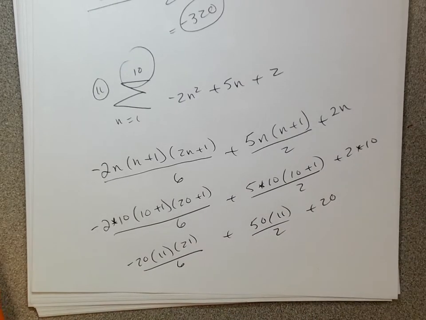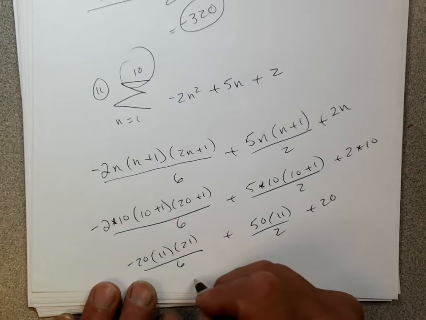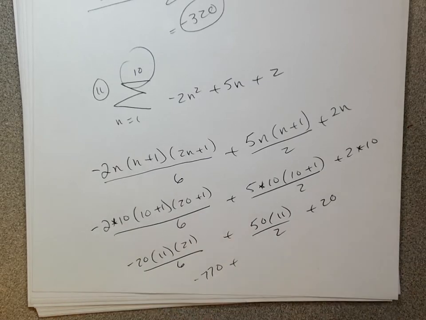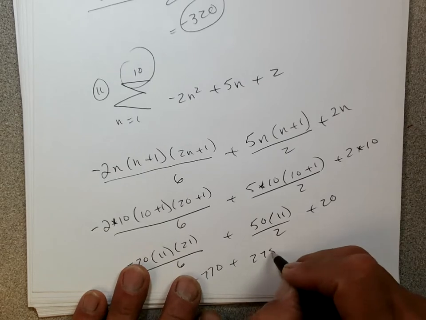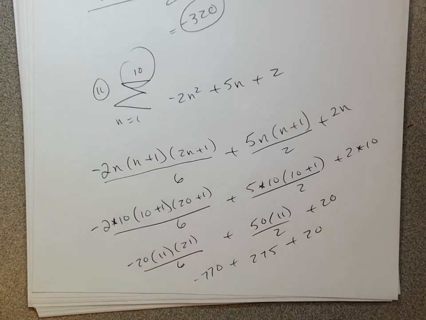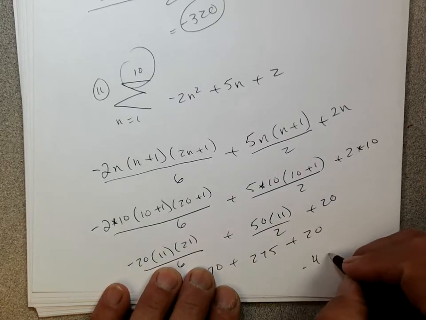On my calculator I get negative 770 plus 275 plus 20, and a grand answer of negative 475.